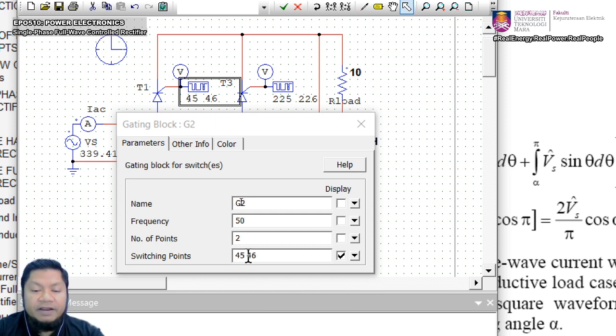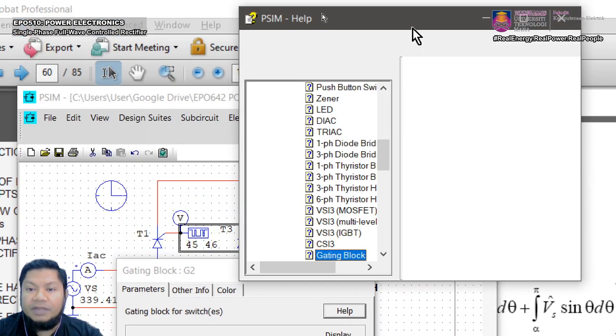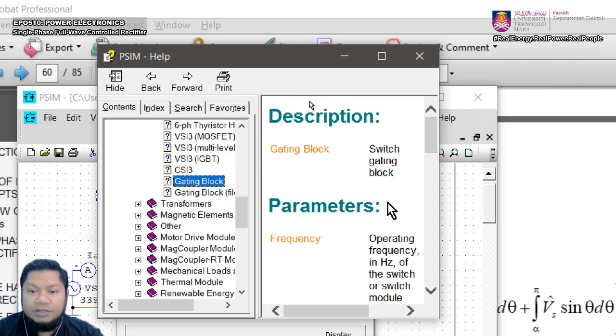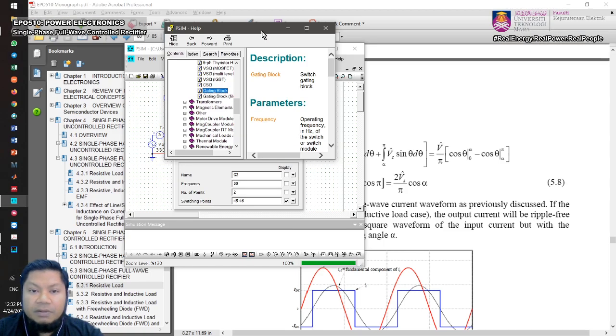So again, this is the firing angle, and this is a short pulse. If you don't know, if you want to get some information on this parameter, you just simply click this help, then you'll be able to understand what the description is, what it's all about.